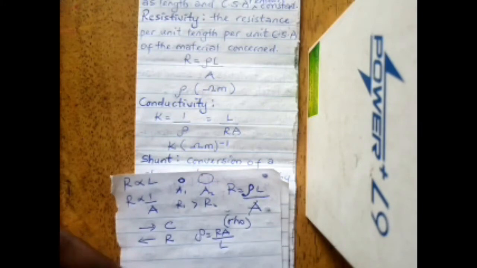Now, if R equals rho L over A, we can simply have resistivity equal to RA over L. It gives us the units, which is ohm meter. Since conductivity is the inverse of resistivity, we have 1 over resistivity, which is L over RA, with units of ohm meter all raised to the power -1.